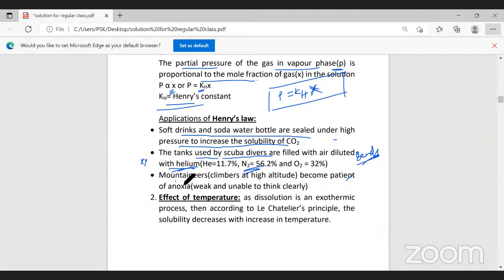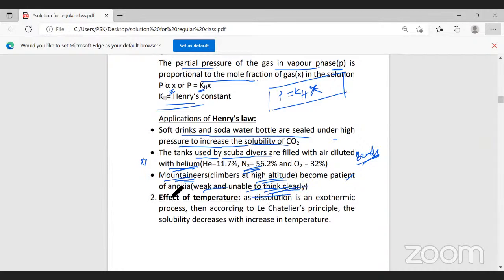The third application: mountaineers. People climbing at a higher altitude. At a higher altitude, pressure will be low. What do you mean by that? Oxygen will be less at higher altitude. At very high altitude, the percentage of oxygen will be low. When the intake of oxygen is low, we lose the ability to think clearly.